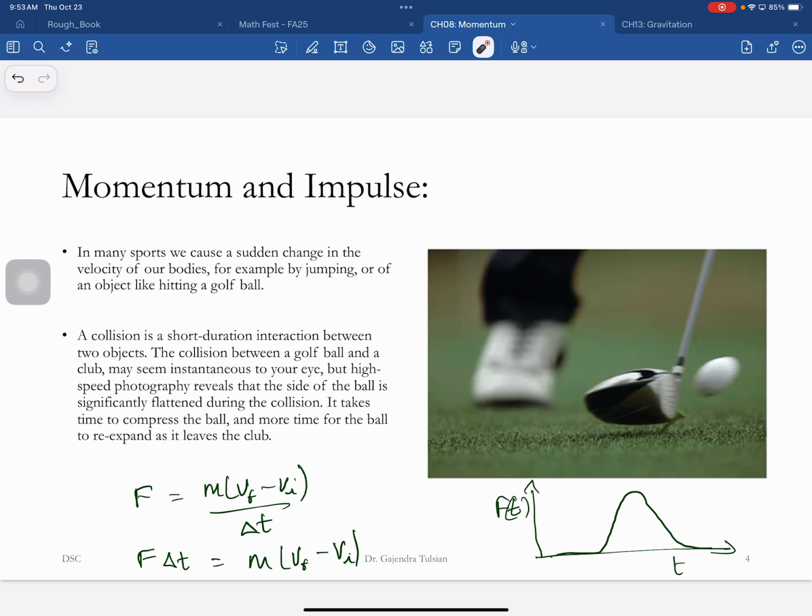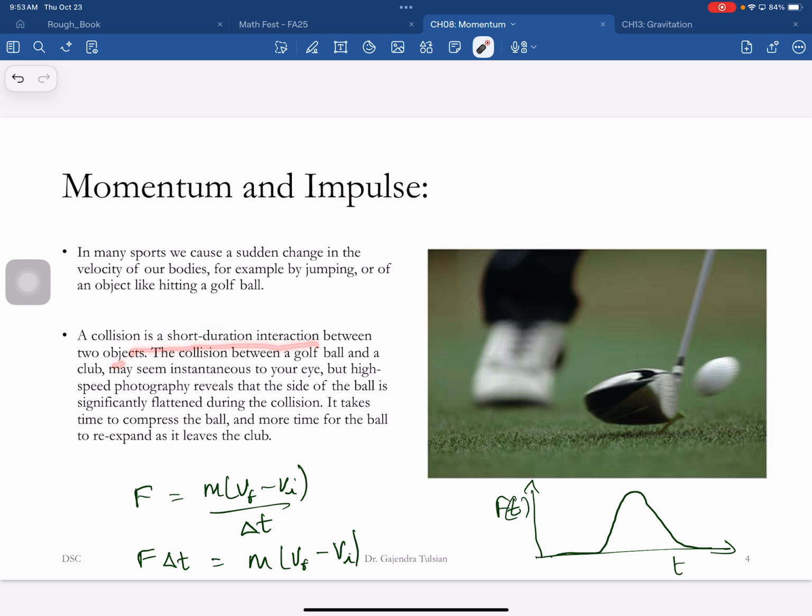In sports, we cause a sudden change in velocity, from 0 to 100 miles an hour pretty fast. A collision is a short duration interaction between two objects.